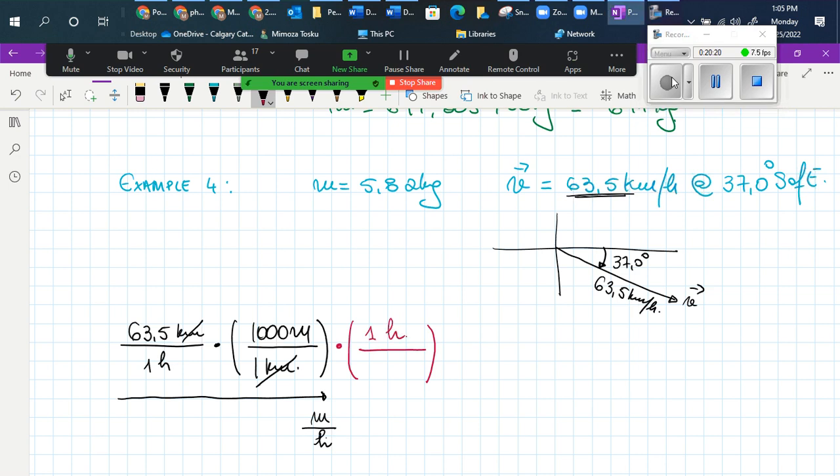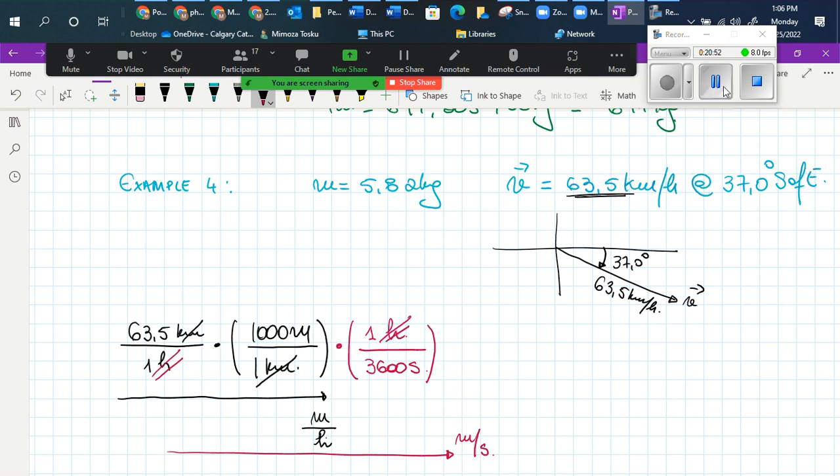So we have 1 hour here, and in 1 hour we have how many seconds? Then hours and hours cancel out. And in terms of the unit, what you have here after multiplying with the second ratio of 1 is meters per second, which are the units that we want to have the velocity at.